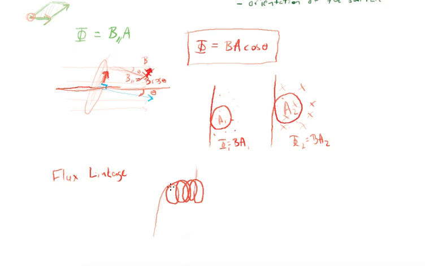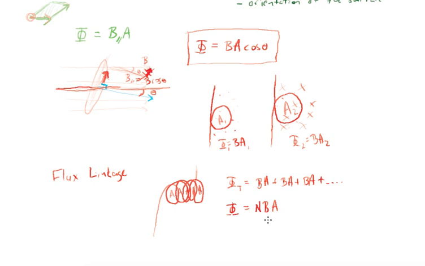I don't know if that's the best drawing, but each one of these loops has an area A. And so if the magnetic field is going through this, the flux through this will be the total flux through all the areas. So it's like BA plus BA plus BA, plus however many loops there are, and that's just going to be the number of loops times BA.